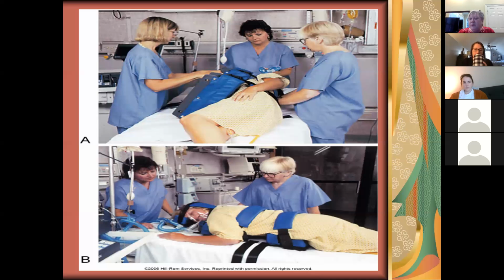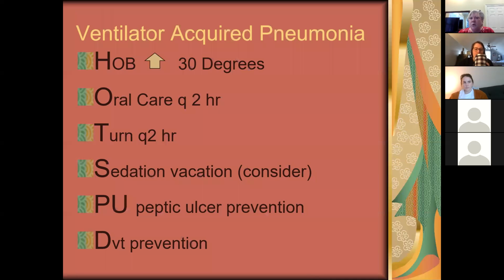Okay, and then we want to prevent ventilator-acquired pneumonia, abbreviated as VAP. And we use the abbreviation HOT SPUD. And I have to tell you, a student just called me who just took NCLEX and said, Janie, I had a question about HOT SPUD on NCLEX. I said, did you get it? She goes, I did.